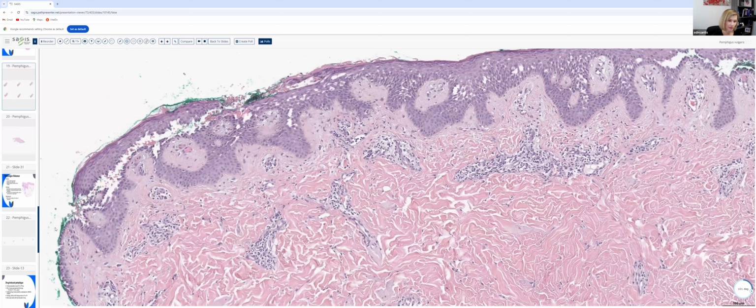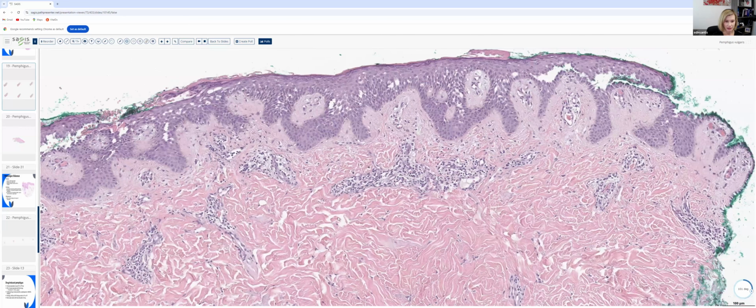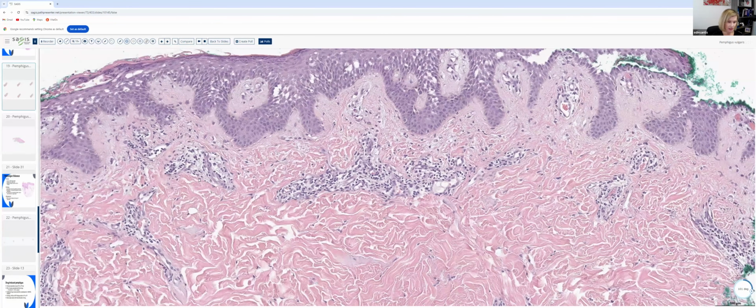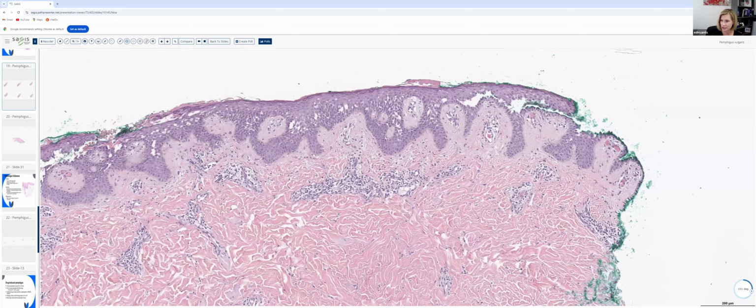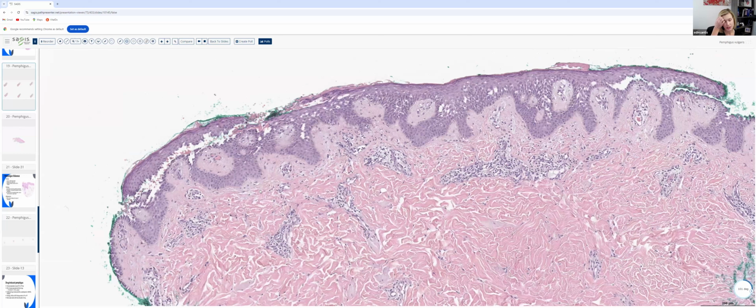And over at the edge, we see this very classic tombstoning appearance where the basal epithelial cells are still hanging on and they're intact, but you can see the individual cells and they appear as tombstones. And then the dermal inflammatory infiltrate is fairly mild, consisting of predominantly lymphocytes. And I don't necessarily see a lot of eosinophils in this case. So in this case, we would be very suspicious of pemphigus and would suggest direct immunofluorescence studies.